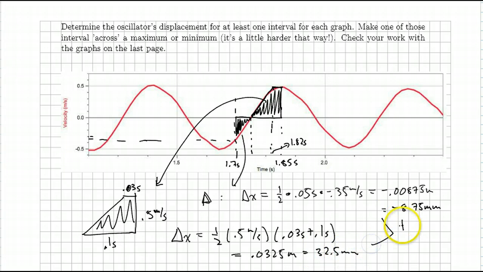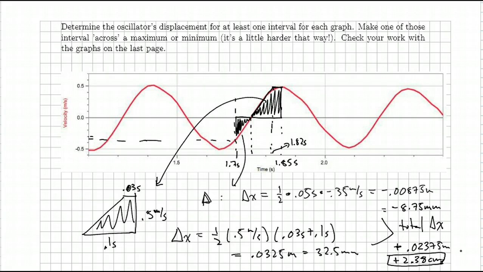So the total delta x is going to be negative 0.00875 plus 0.0325, which is 0.02375 meters, or 2.38 centimeters, something like that. I'm sorry, positive. So the positive one was bigger.